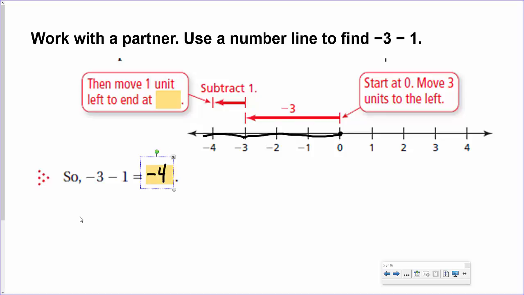I take the absolute value if they're both the same. So I could take negative 3, and then negative 1. We can add them together, and I get the absolute value of negative 4, which we know equals 4. Just another way to do this.